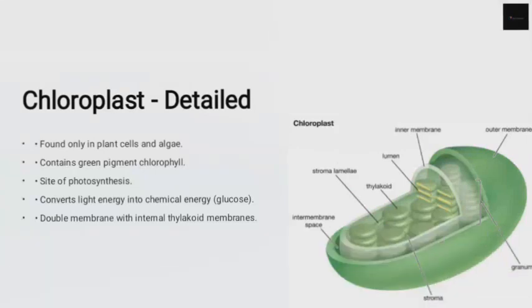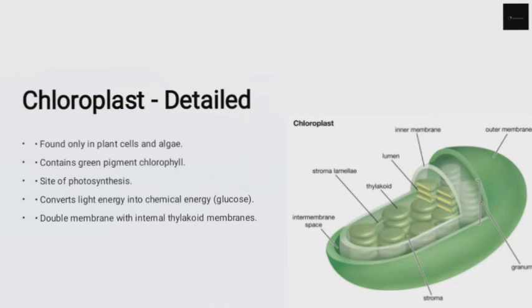So I told us earlier that the chloroplast is found only in what? Plant cells and what? In algae. So what enables chloroplasts to produce their own food? Why? They contain green pigments called chlorophyll. So what is photosynthesis?